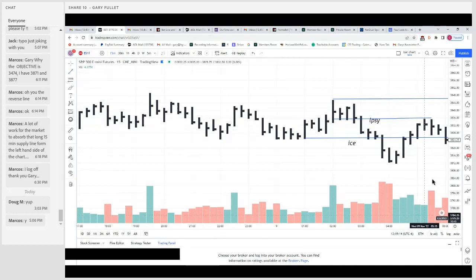Shortening of the thrust. Why? Same volume, small ranges. Effort versus result. The next bar here shows a wider bar, and most people think this is stopping action to the downside. In fact, the market is almost like a bag-holding reverse.